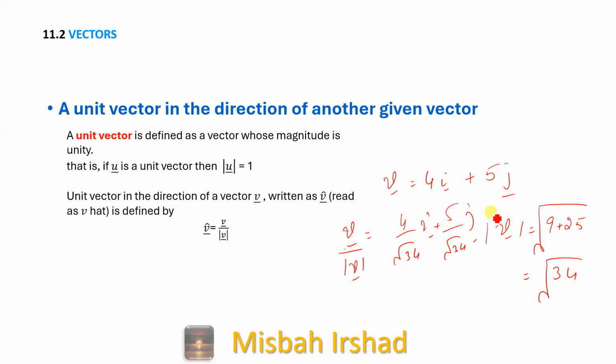So let's verify that this is a unit vector by taking the magnitude. Let it be V hat. So V hat magnitude is equal to, oh, that was 16 and 41, my bad, sorry. So let me correct it.